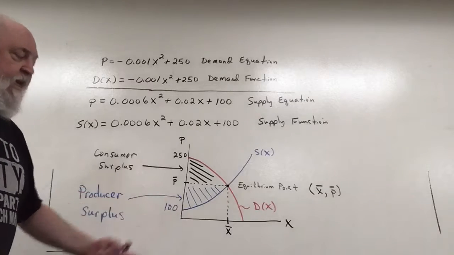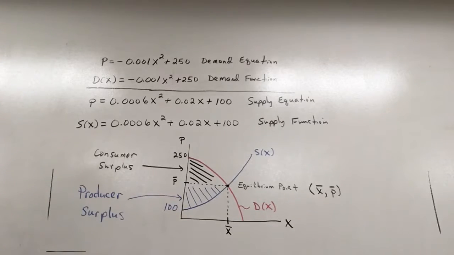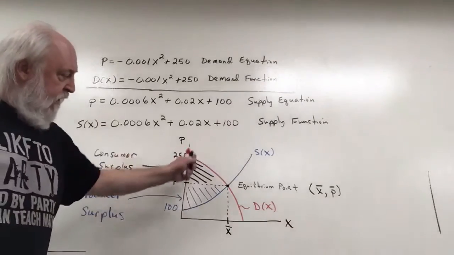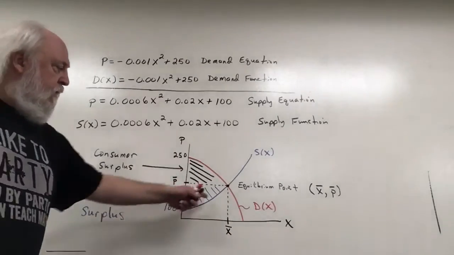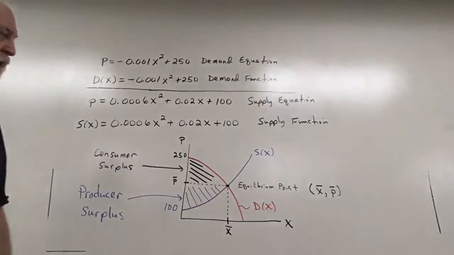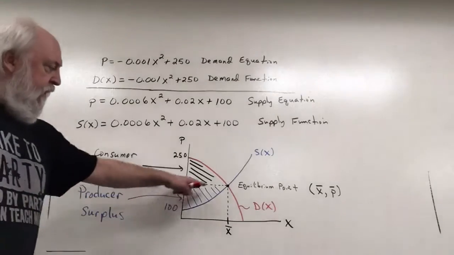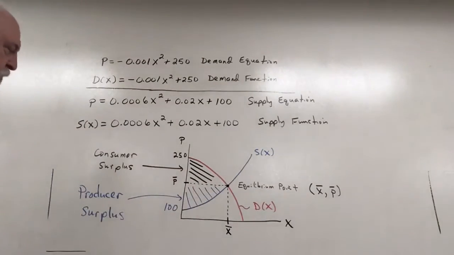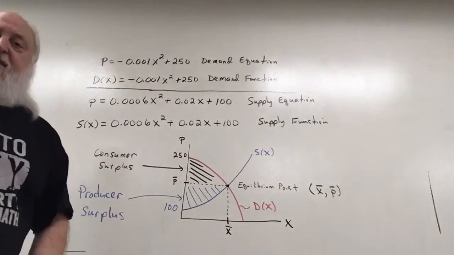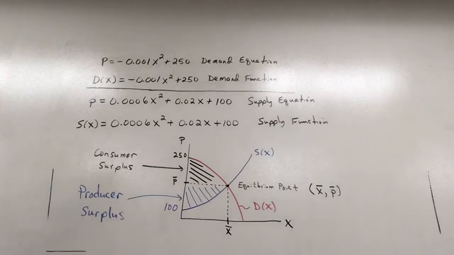And so that's the second half of the material in this section: given a supply curve and a demand curve, and the equilibrium point where they intersect, we can calculate the producer surplus for that situation. And that's what we'll be doing with examples 1, 2, and 3 on the next 3 pages.